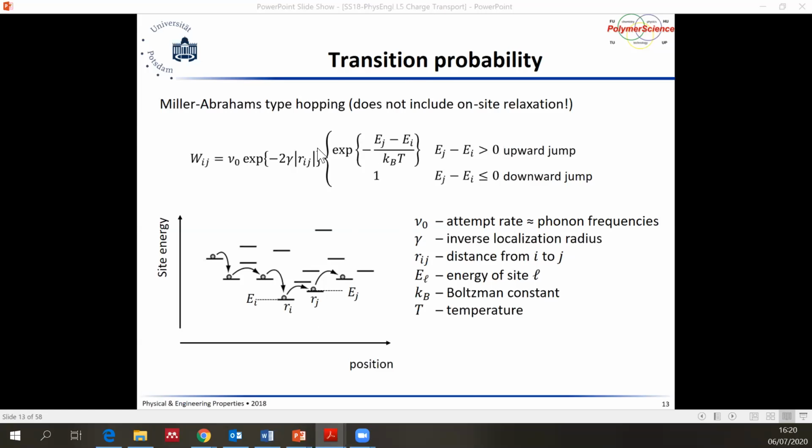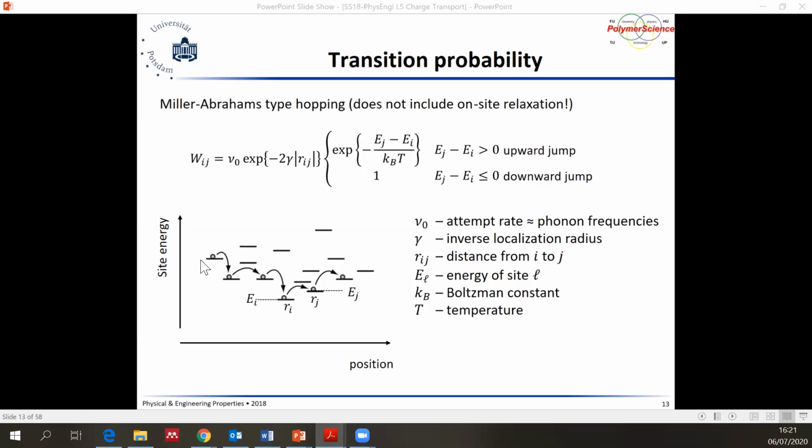And R is the distance between each site that it has to hop. So imagine these are all the HOMO, or all of it would be the LUMO, and R is the distance between each hop that it has to take. And now we have the exponential part, which considers the energy difference between any two sites, site I and J, or site 1 and 2, with respect to the thermal energy kBT.